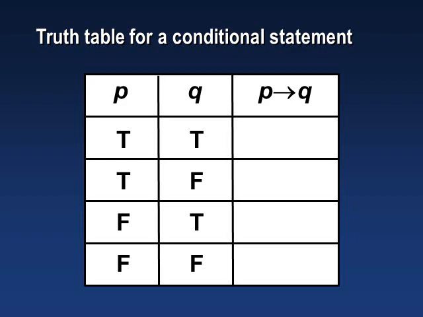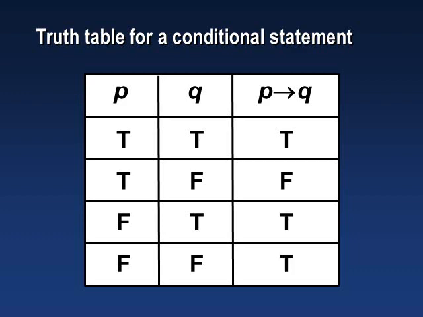Alright, so let's look at a truth table with conditional statements. Again, I still have 4 choices: both true, if true then false, if false then true, if false then false. So it's kind of wherever you end up. That's how I think of it with conditionals.